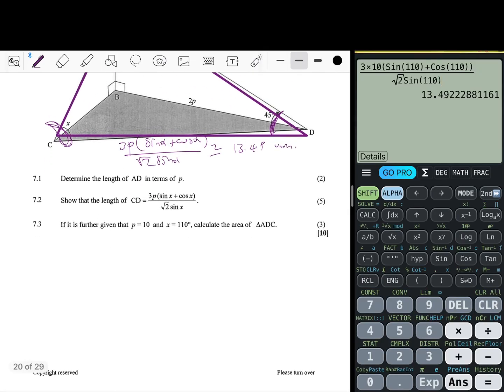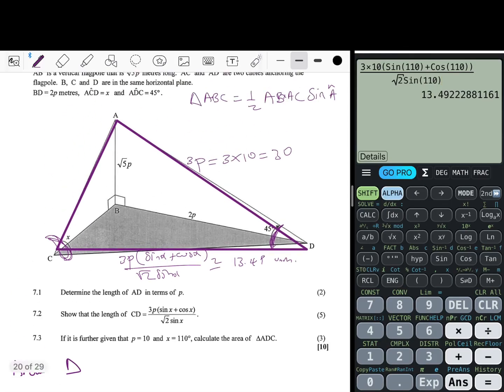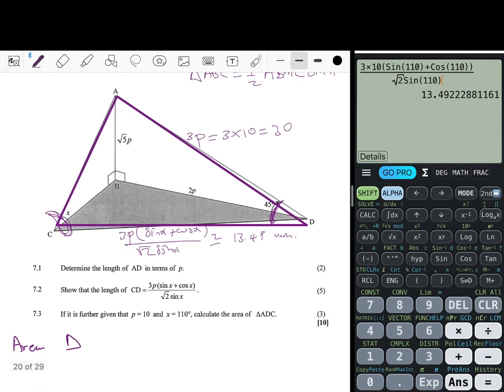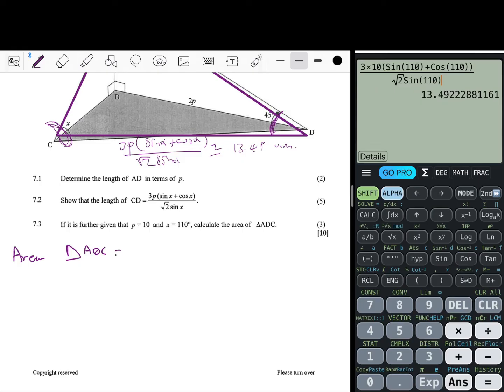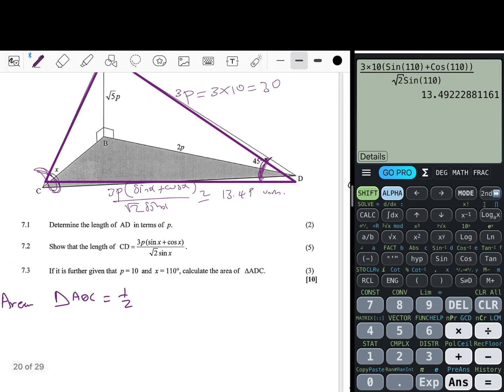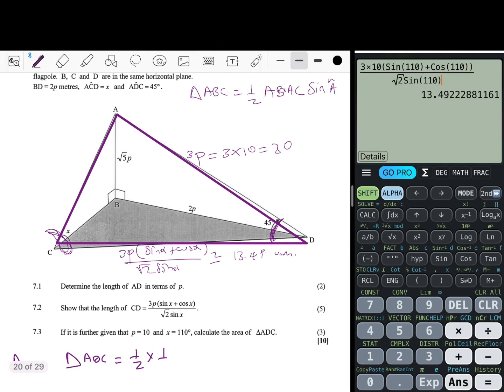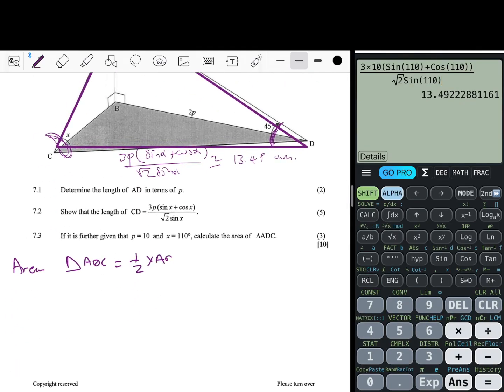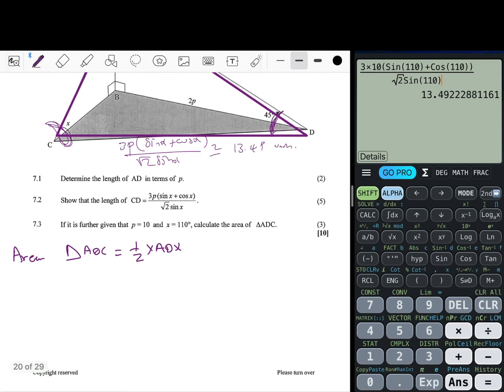So again, how do you then calculate this? We say the area of triangle ADC is equal to half of length AD times the length CD times sine of angle D. This is half times the length of AD, which we know is 30, and the length of CD, which we know is 13.49, and we know sine 45.